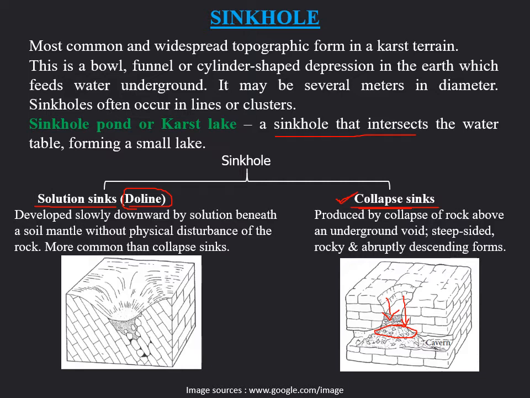In that case, the sinkholes are known as sinkhole ponds or karst lakes. Suppose this is the local water table; the sinkholes are also filled up with water here. So when the sinkholes are filled up with water, it is known as a sinkhole pond or karst lake.